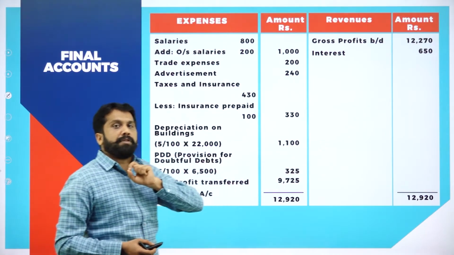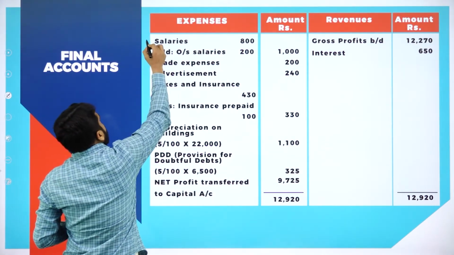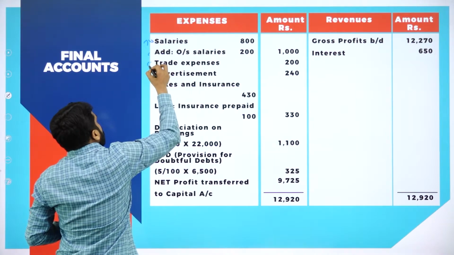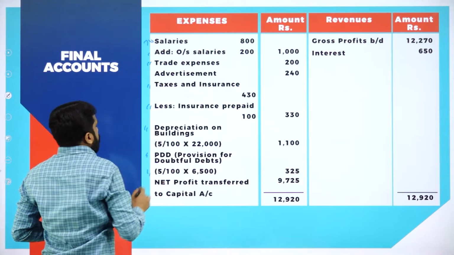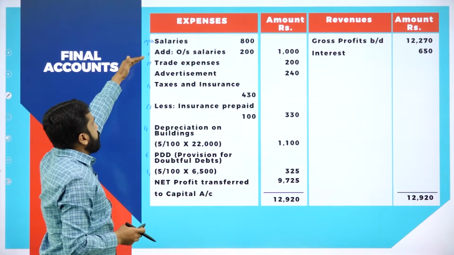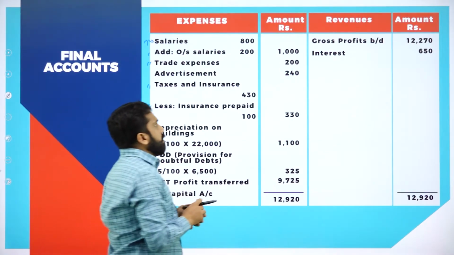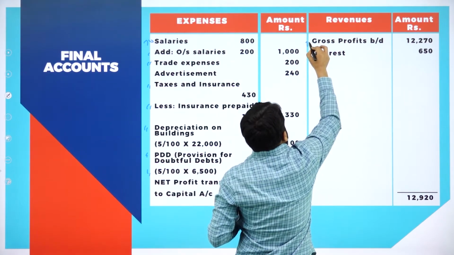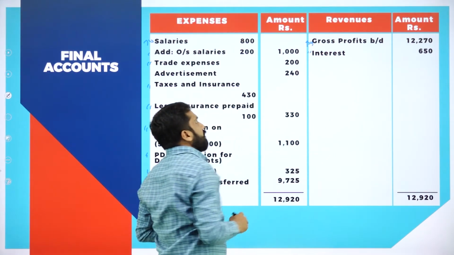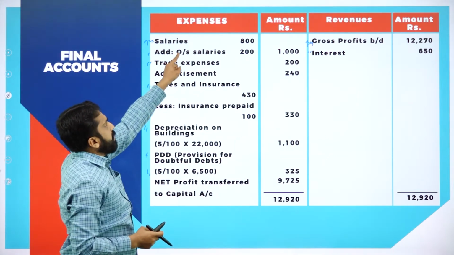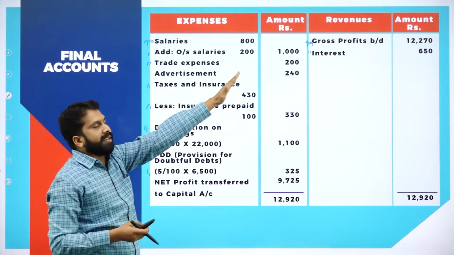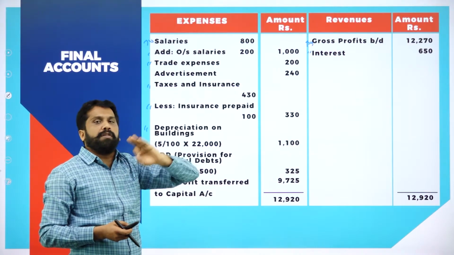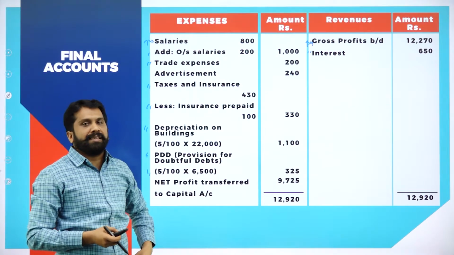Remember, before that, you should mention this is 2. If you write 2, then same thing you can copy. This side, what you should write? It must be by. Clear? And the heading can be particular, or else if you want, you can write expenses amount, revenue amount. Better go for particular amount.